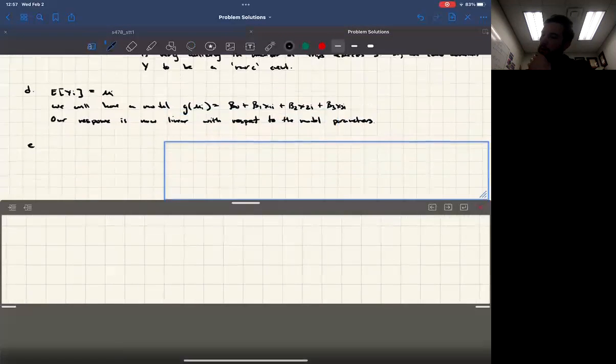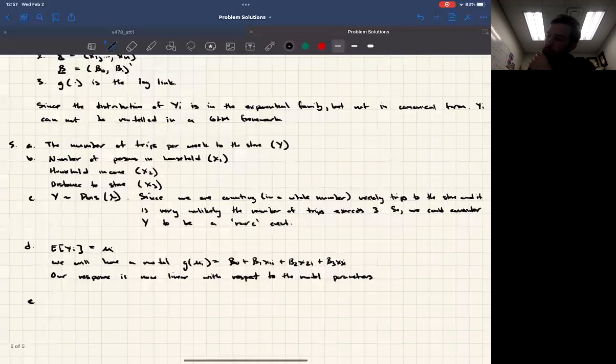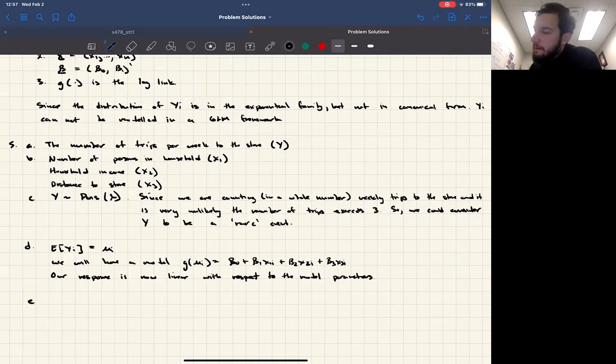We're talking about modeling number of trips to the grocery store as a function of persons in the household, household income, and distance to the store. We're using a Poisson model, so we really only have two different choices for the link function.